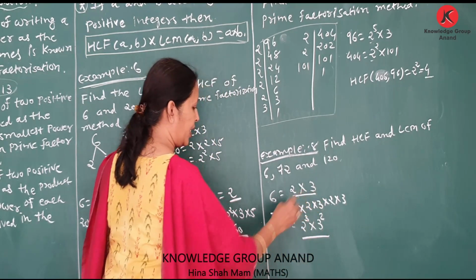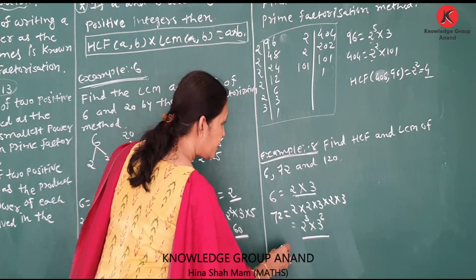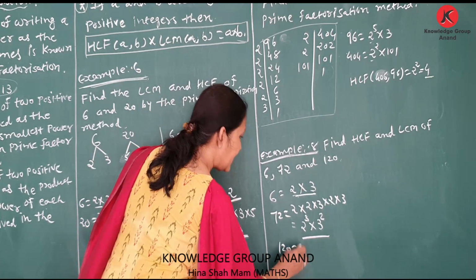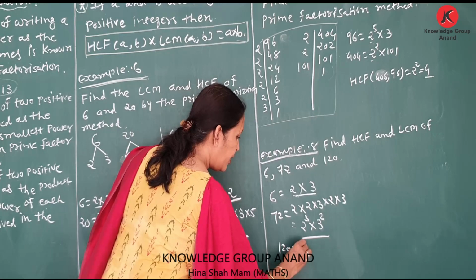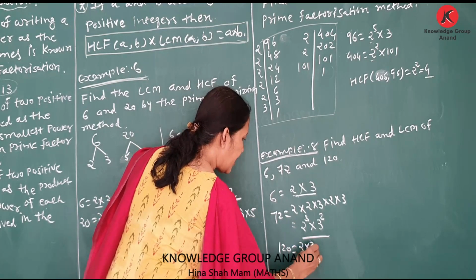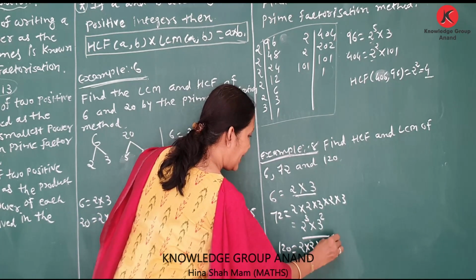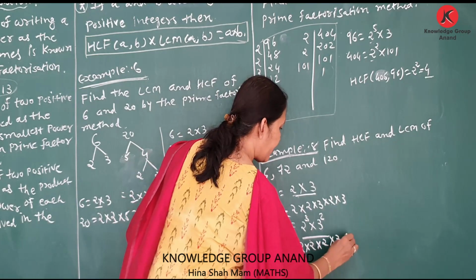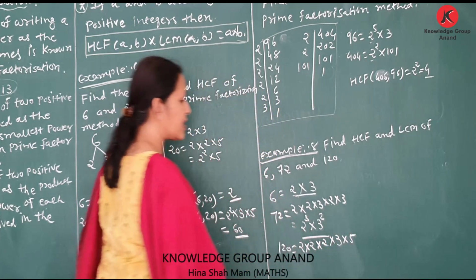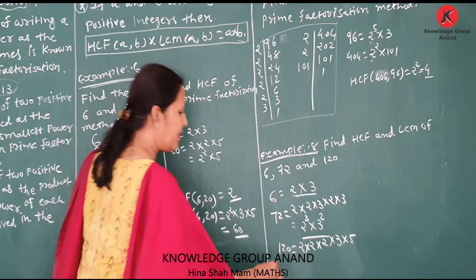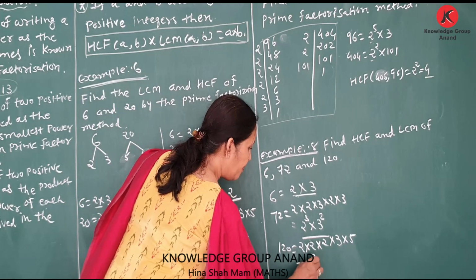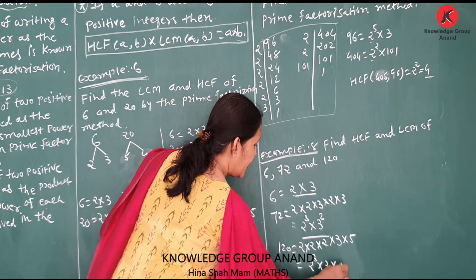Here 2 into 3. And 120 is equal to 2 3s, 2 2s are 4, 4 2s are 8, 8 3s are 24, 24 5s are 120. Then we write 2 cube into 3 into 5.